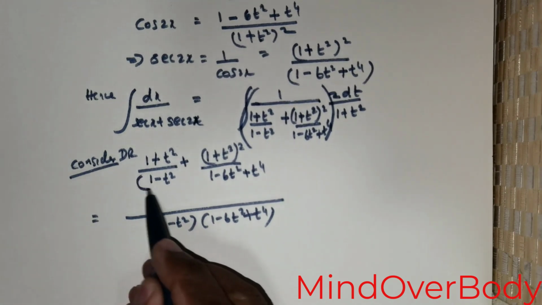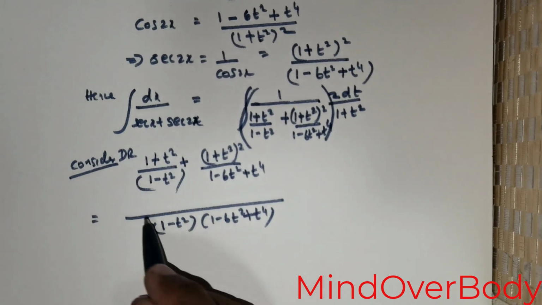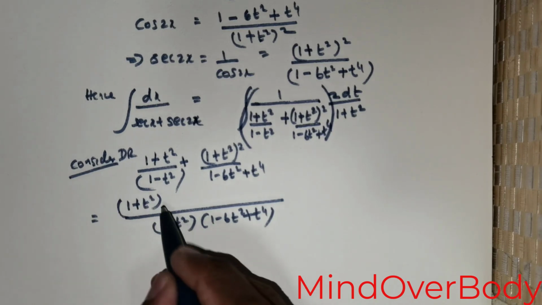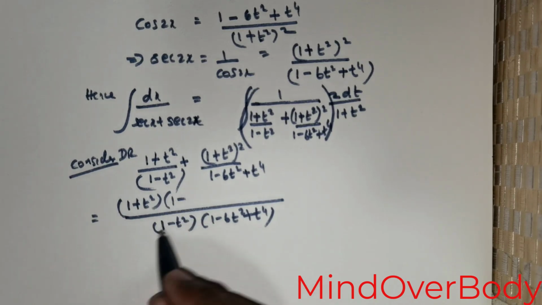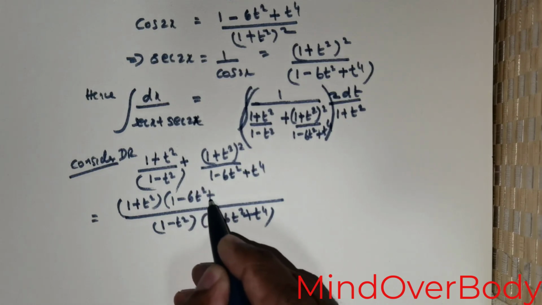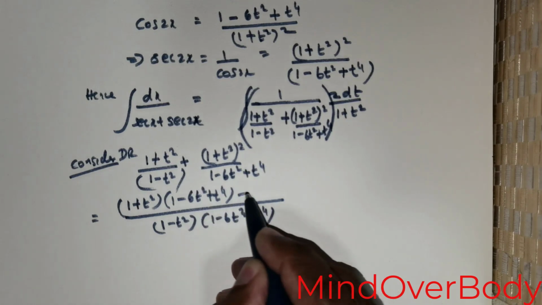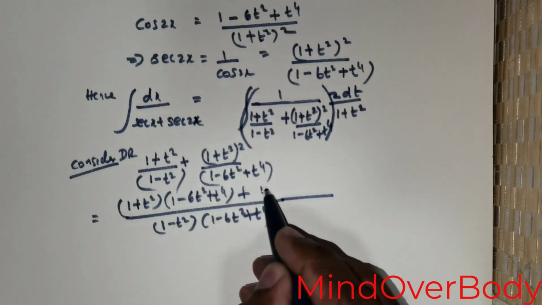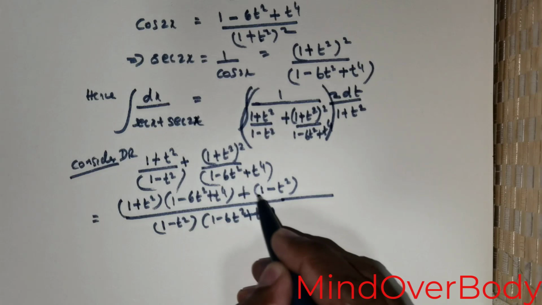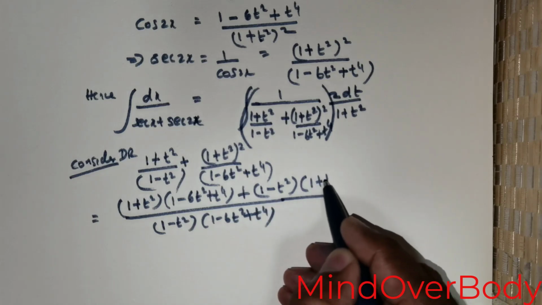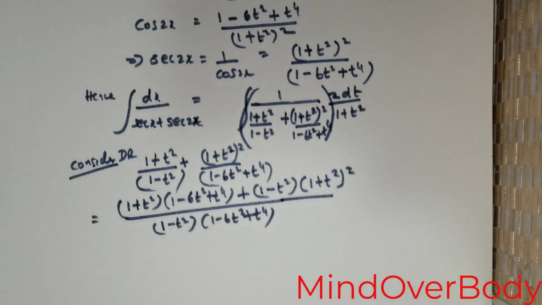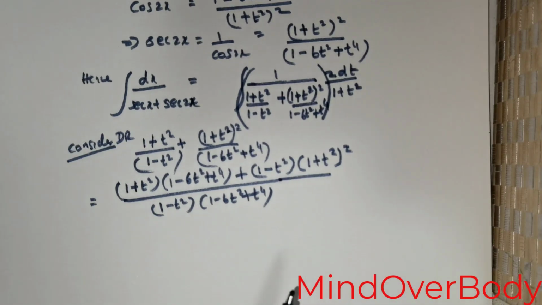So these two terms get neutralized, giving me (1 + t²) times (1 − 6t² + t⁴), plus, these two terms get neutralized, giving me (1 − t²) multiplied with (1 + t²)². So this is what I've got from the denominator.